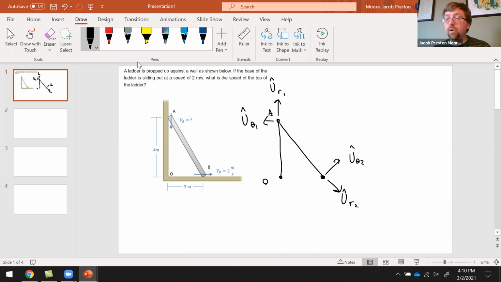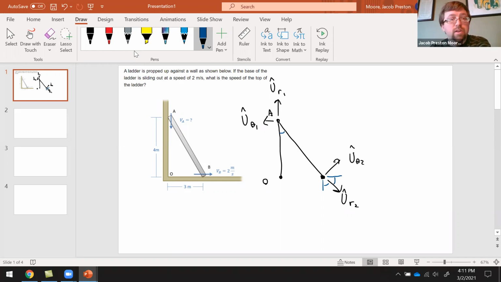Direction-wise, this is going to be a 3, 4, 5 triangle. So this angle up here, I could figure that out. It'd be the inverse tangent of 3 over 4. With that, I could figure out that this angle here would be the same as this angle up here, and then I have 90 minus that.